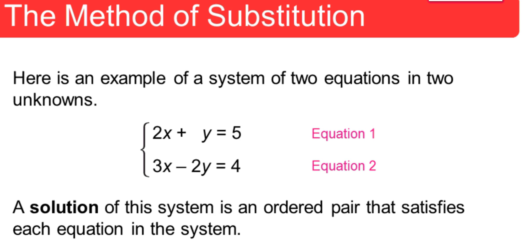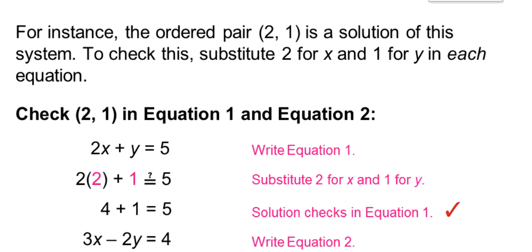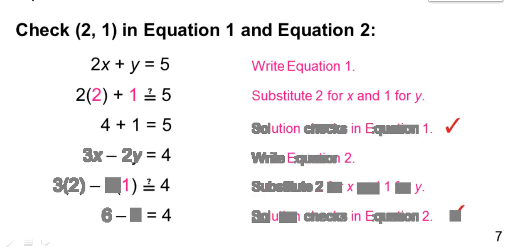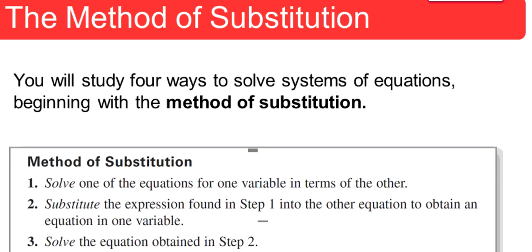A lot of times though, when one of the variables has a coefficient of 1, we can get that variable alone and then substitute that in, and that is going to be our substitution method as we go. And here they're just giving you the answer. This ordered pair (2, 1) is a solution, and then you can just check through to make sure.